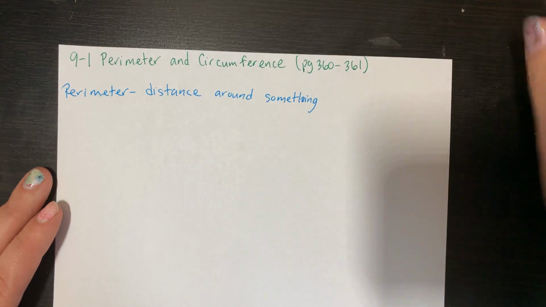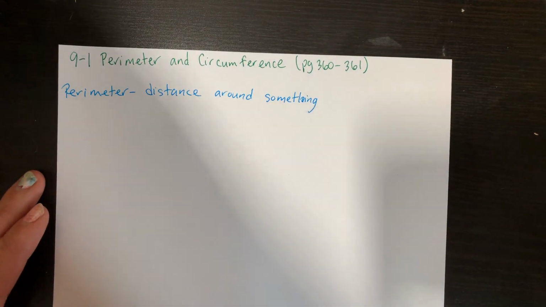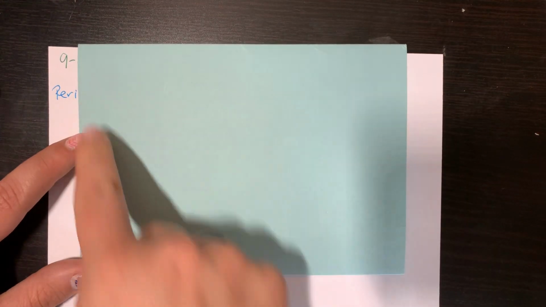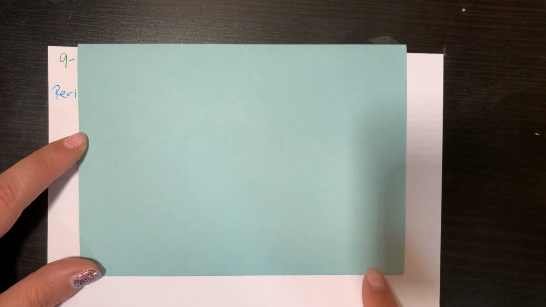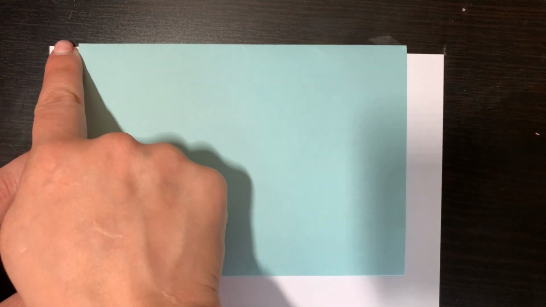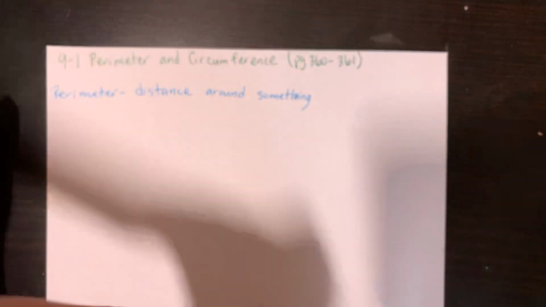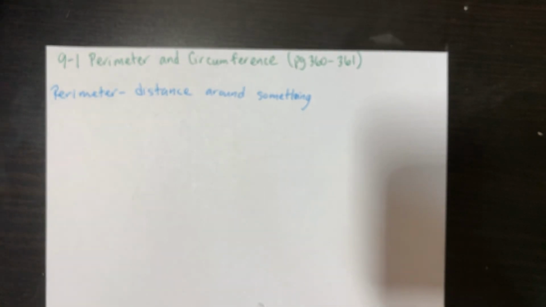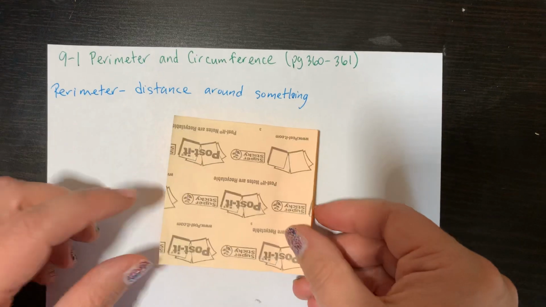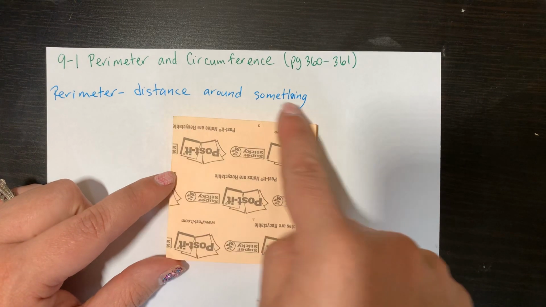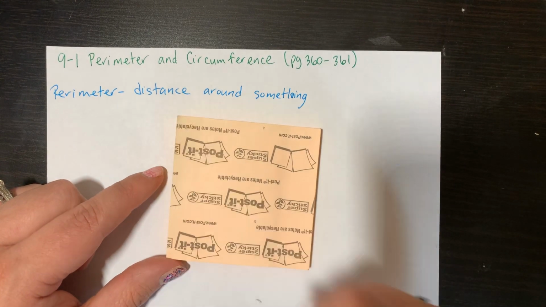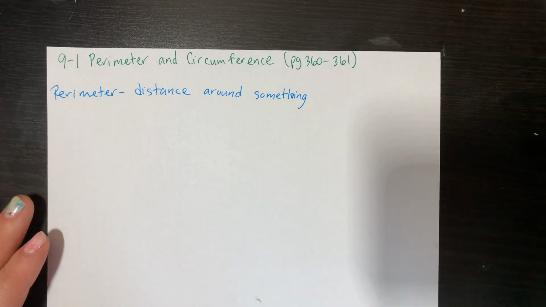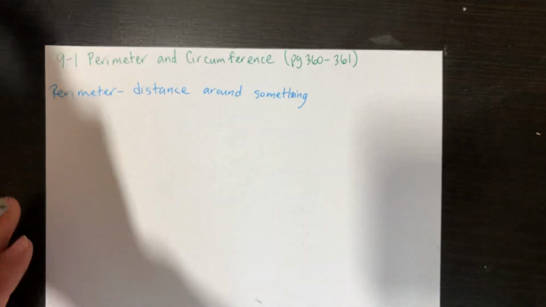Okay, so for example, around this rectangle, perimeter would be this distance around that rectangle. If we look at this square Post-it notes, perimeter, outside edge. So adding all of the outsides up together. Okay. All right, so we're going to do an example.